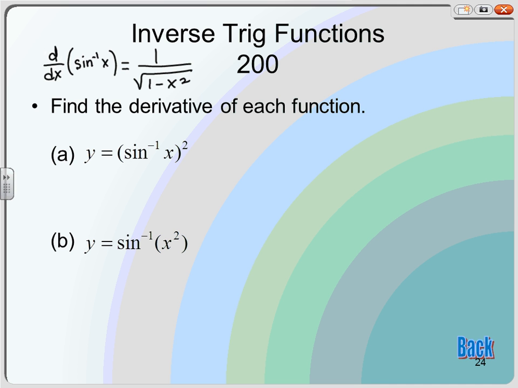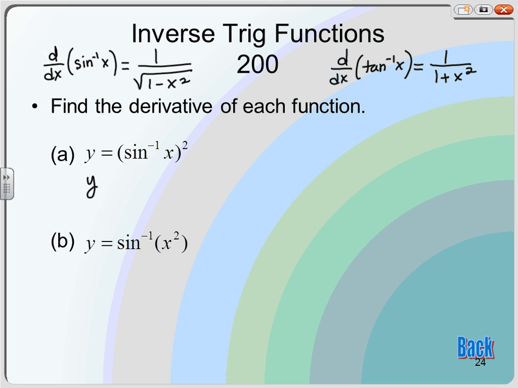If you want inverse cosine, all of it is with a negative out front. There's definitely a pattern to these, so if you memorize 2, you definitely have 4 memorized. You might as well try to memorize all of them. The ones that pop up on the AP test most of the time are these two. The derivative of inverse tangent is 1 over 1 plus x squared. These are the ones you'll see most often.